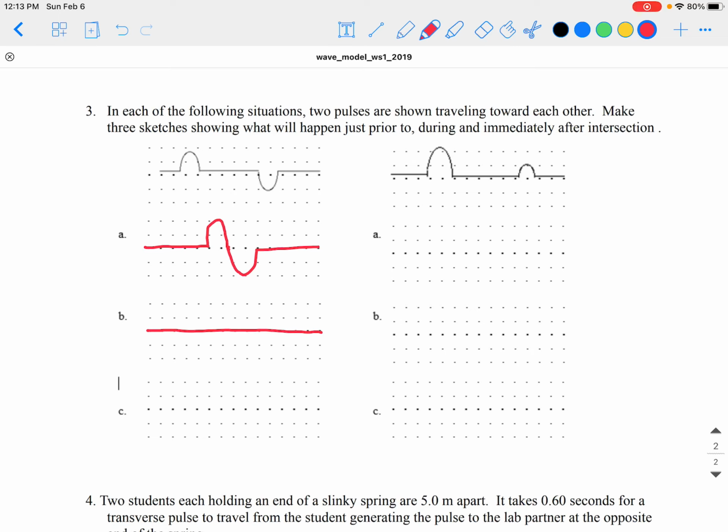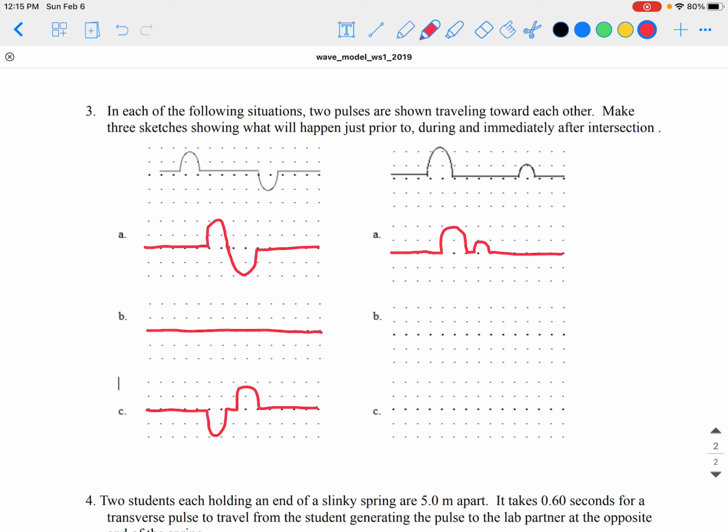And then as they go through each other, the wave that is in the negative direction is going to now pass the wave that is in the positive direction. So it'll look something like this. Okay, so for this, we've got a wave with a large amplitude and a wave with a small amplitude. Right before they come together, it would be the large wave right next to the small wave.